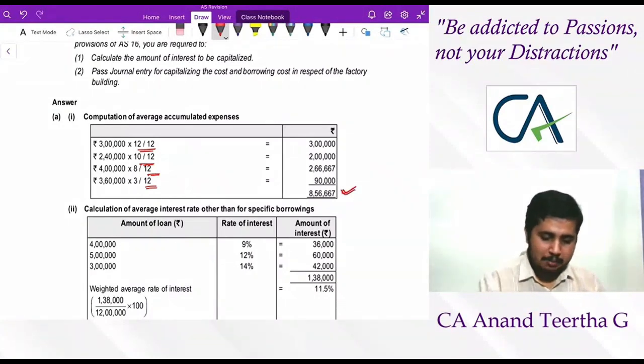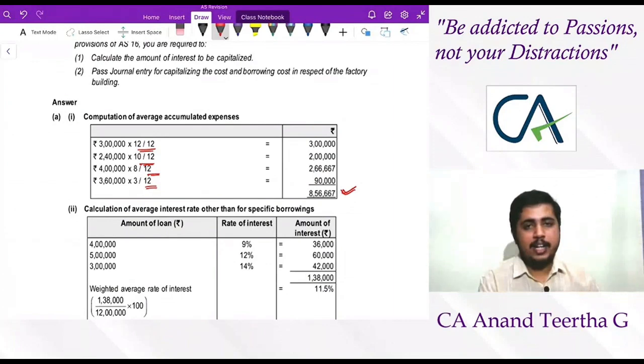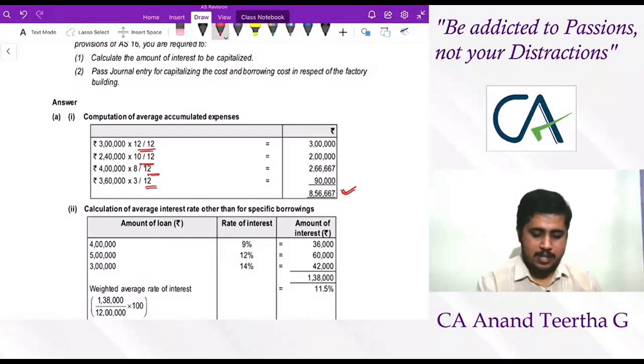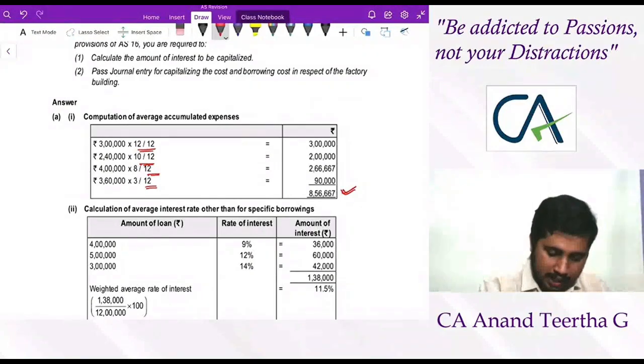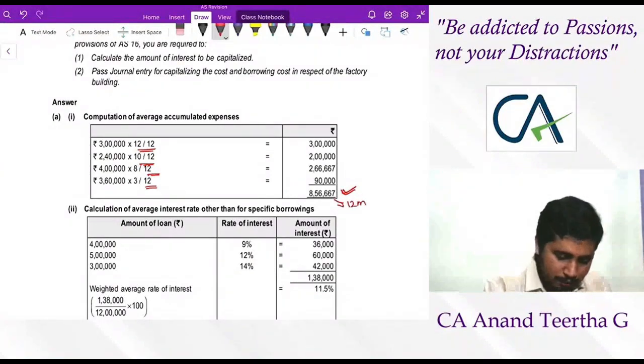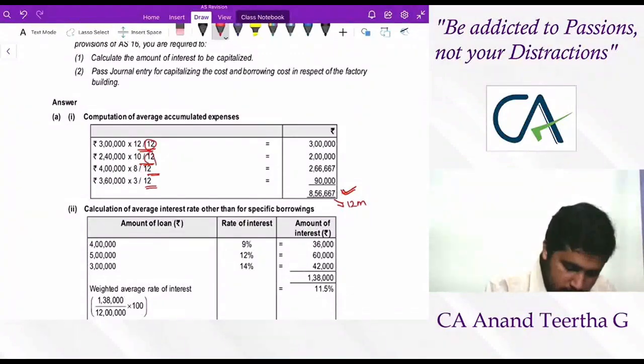So this basically means 13 lakh incurred in different stages of the year is the same as 856,667 incurred for the entire 12 months, because everything is converted to 12.